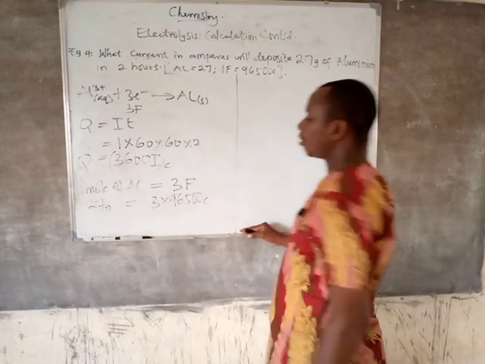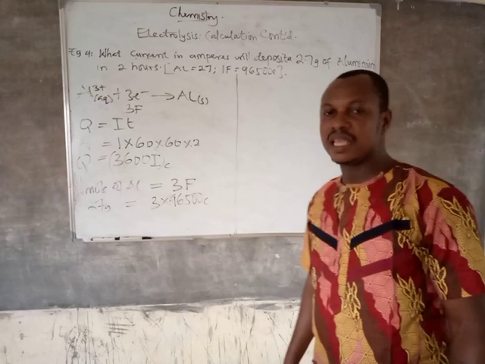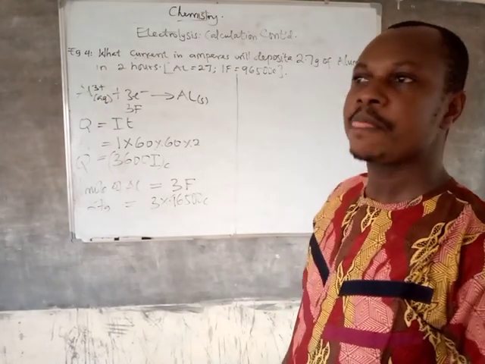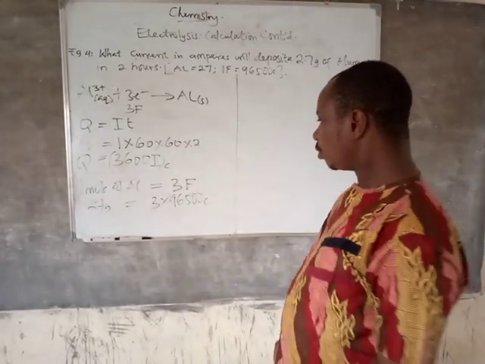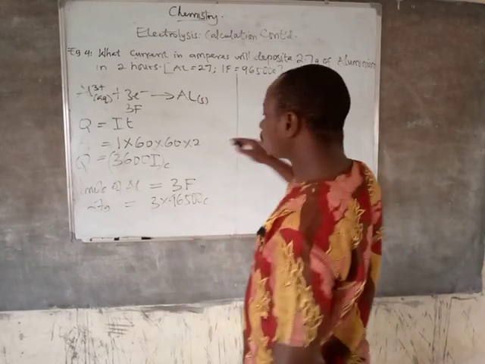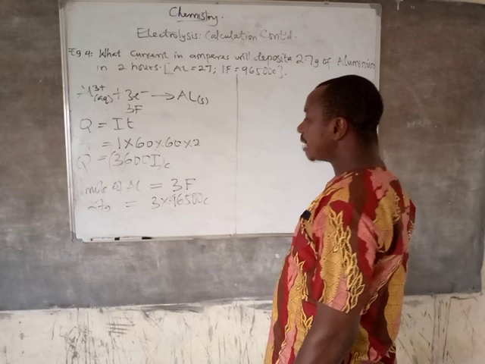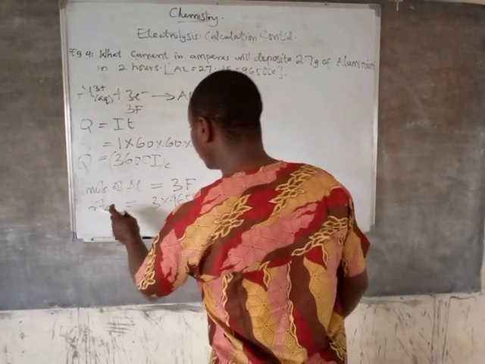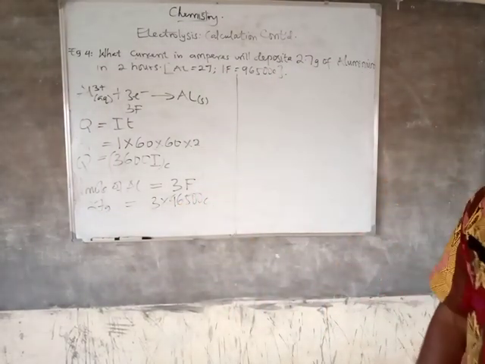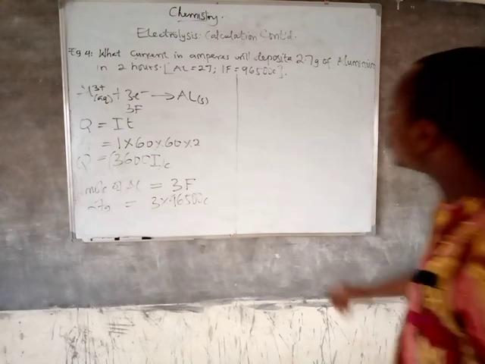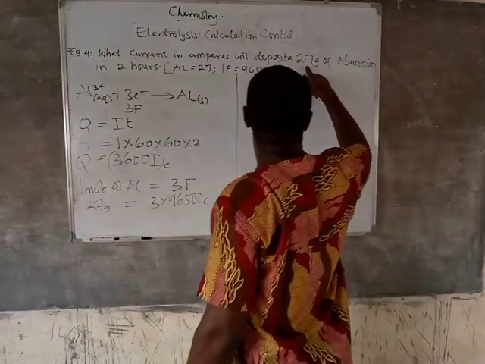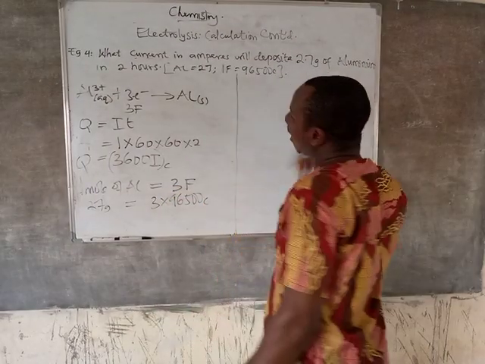27 gram is liberated by 3 times 96500 coulomb. Don't forget, 1 Faraday equals 96500. So now, remember they asked us what current. But remember that they gave 2.7 grams.